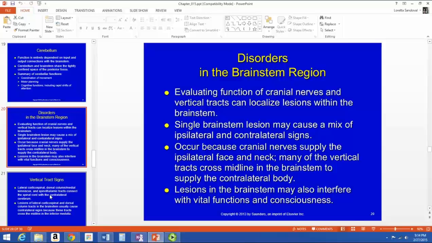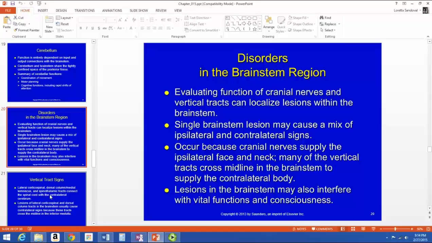The cranial nerves supply the ipsilateral face and neck. A lot of the vertical tracts cross midline in the brainstem to supply the contralateral body. So if you have brainstem dysfunction, you can have effects on the ipsilateral side of the face and neck and the contralateral side of the body. That's one of the ways that they localize it as being in the brainstem, is you have that mix of signs. Lesions in the brainstem can also interfere with vital functions like heart rate and breathing and consciousness.